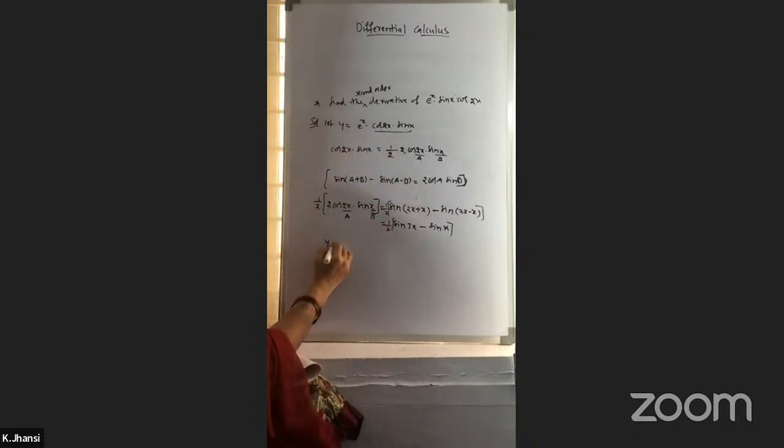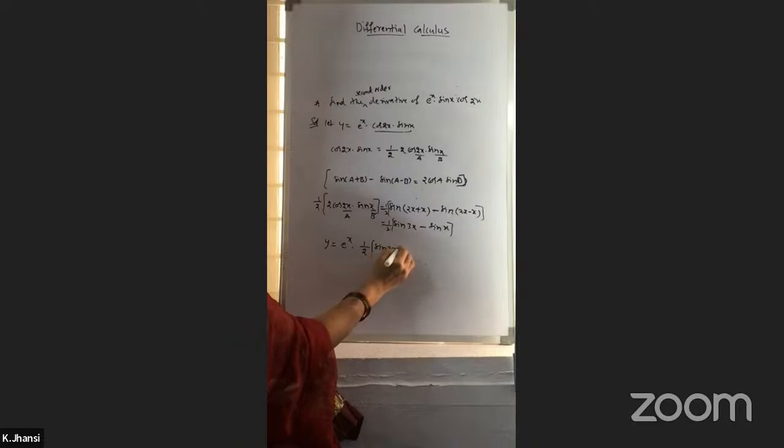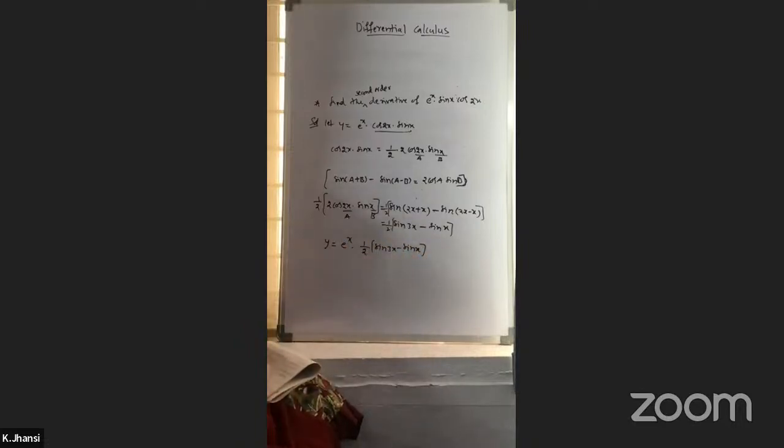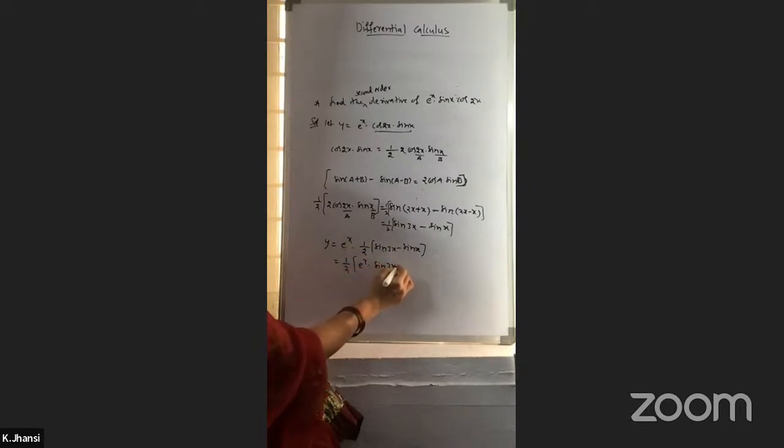So y is equal to e power x into 1 by 2 into (sin 3x minus sin x). Now you take out 1 by 2 outside. Now this is e power x. If you multiply this, e power x into sin 3x minus e power x into sin x.